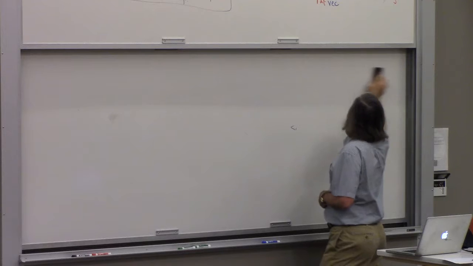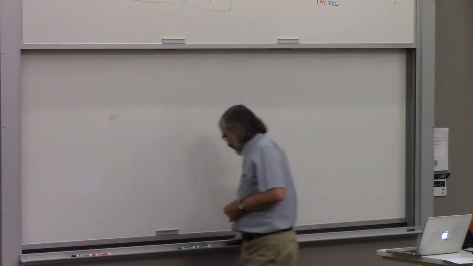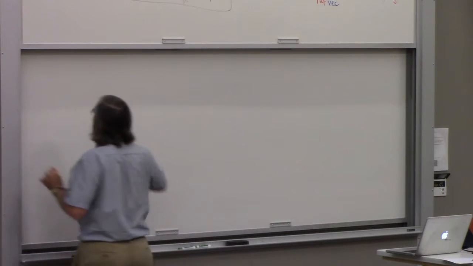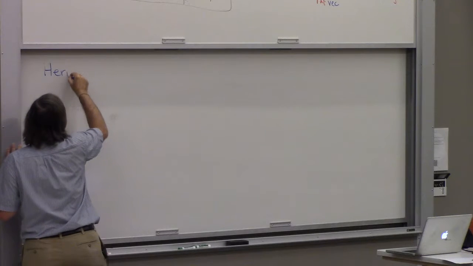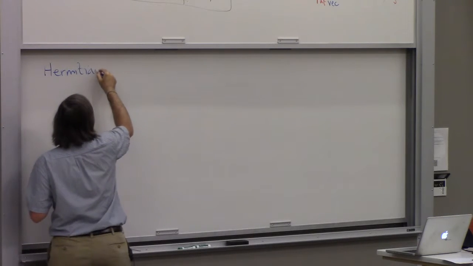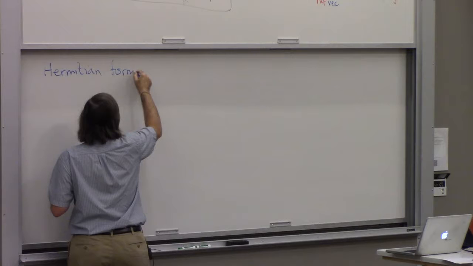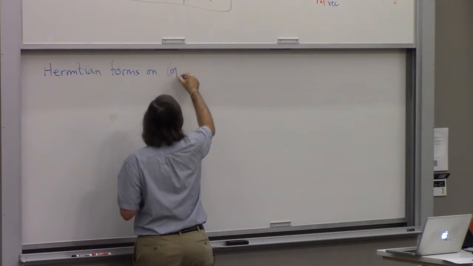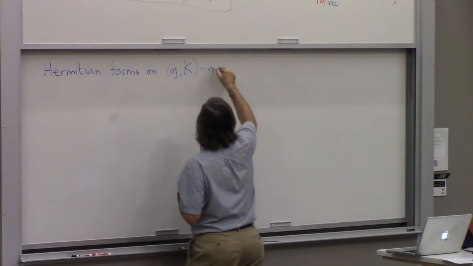We'll see what happens. So here's the topic. It's Hermitian forms on (g,K)-modules.